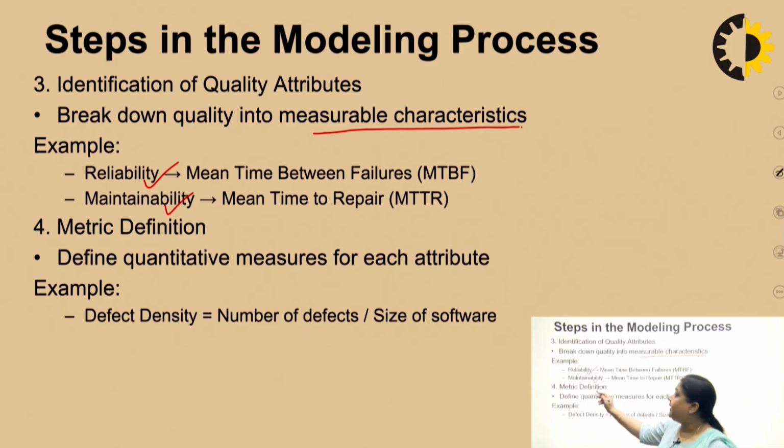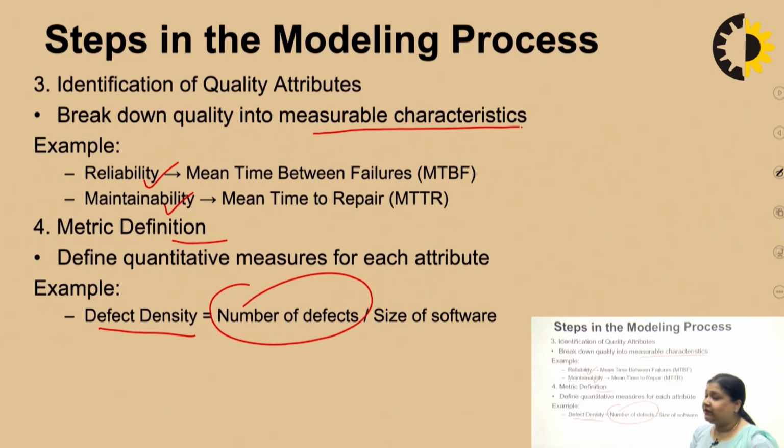Next is the metric definition. We have to define quantitative measures for each attribute, that is, how we can measure it according to some formulation. For example, we can find the defect density, which is the number of defects in a software over the size of the software.